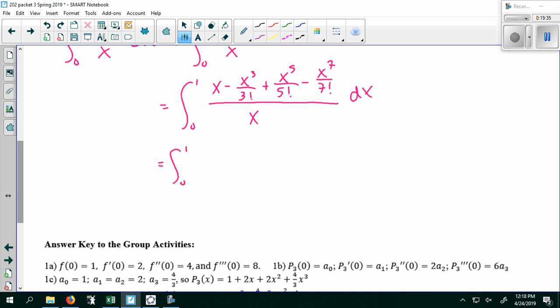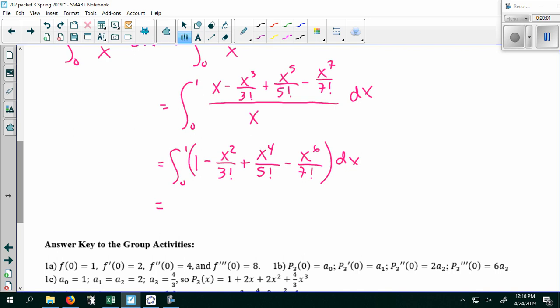So this x over x is 1. X cubed over x is x squared. And then this becomes x to the 4th over 5 factorial minus x to the 6th over 7 factorial.